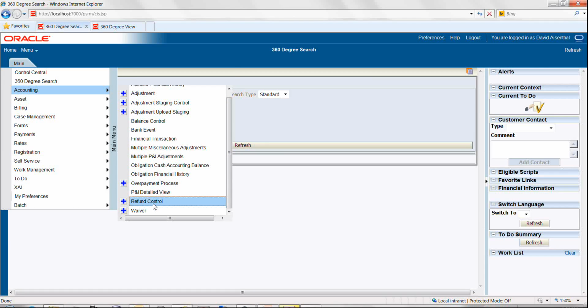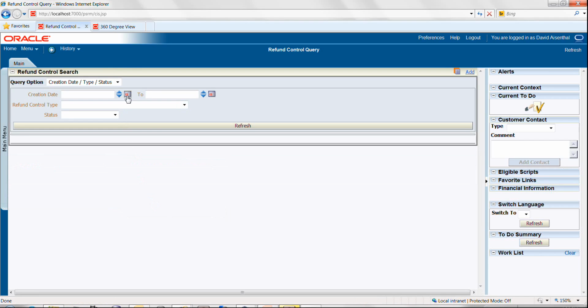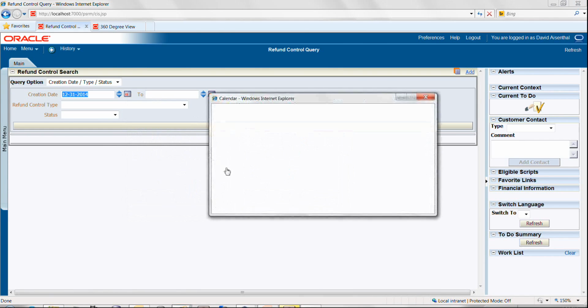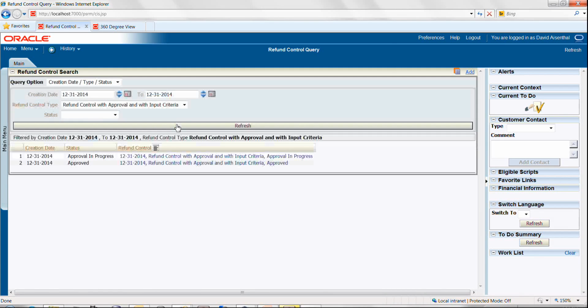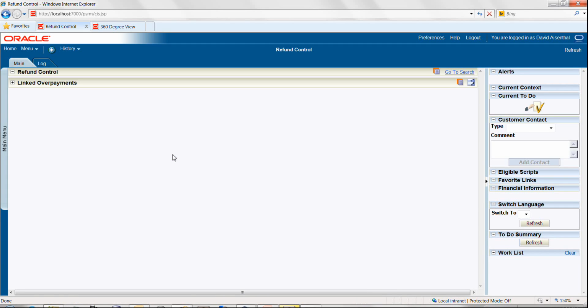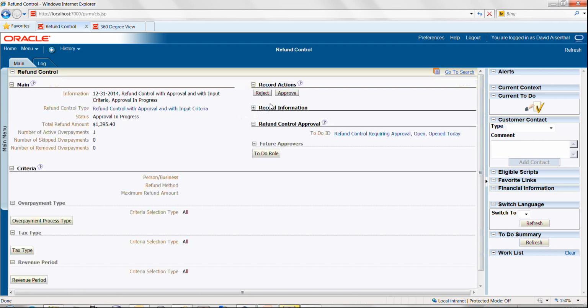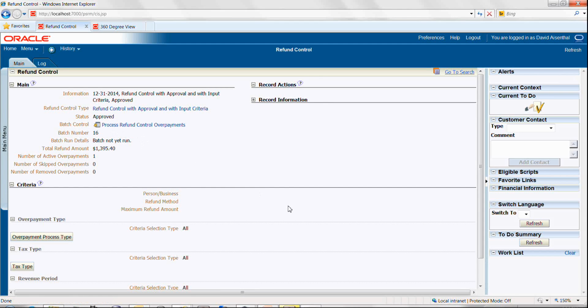So I go back to my refund control. There's one in approval. I need to approve this. So I approve it. And now I need to run the batch to trigger the overpayment process to move to the next state.